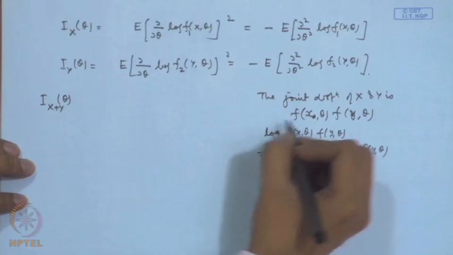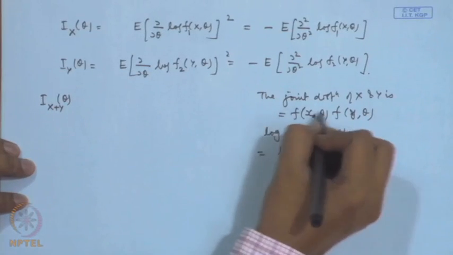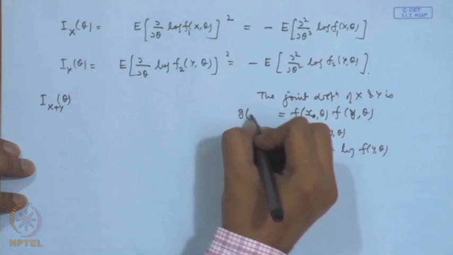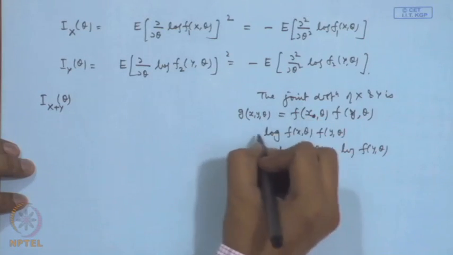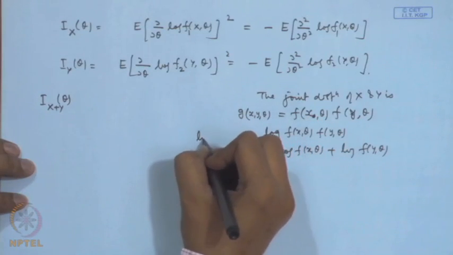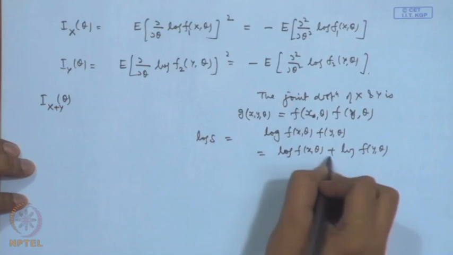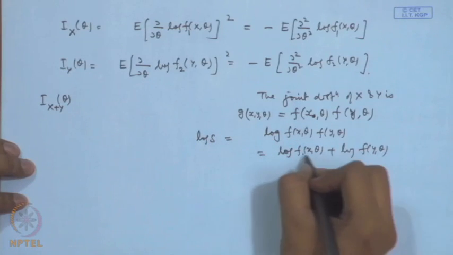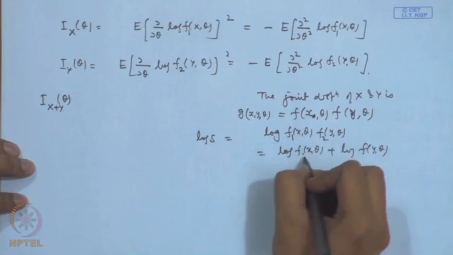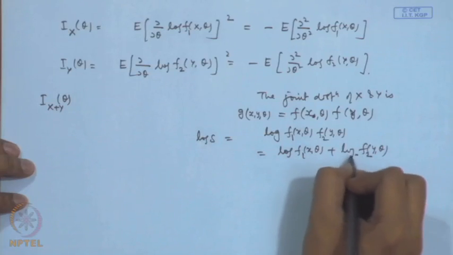If I write this notation for the joint density as g(x, y; theta), then log of g is equal to log of f1 plus log of f2.